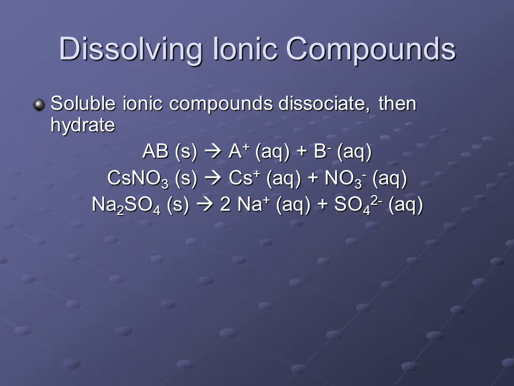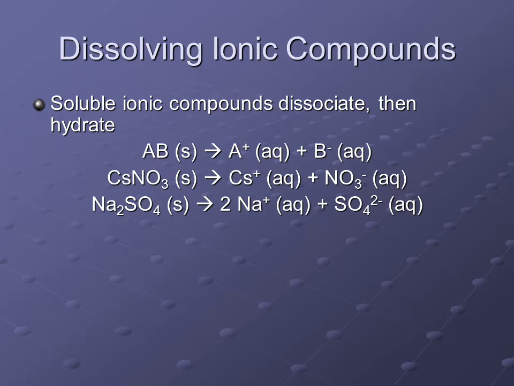What you end with is the individual ions in solution, hence the phase is marked as aq. So if you start with some generic ionic compound AB, you end with the positively charged A ions and the negatively charged B ions, and they are not attached to each other anymore. They are dissolved in the solution.